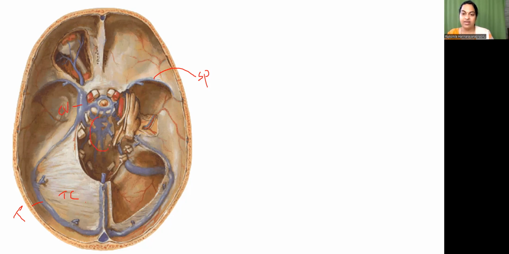And இங்க இருக்கிறது, right over the median plane, over the clivus, in the part where the pons is going to rest, that's the basilar venous plexus. The cavernous sinuses of both sides are connected by the intercavernous sinus, anterior and posterior intercavernous sinus. இது petrous part of the temporal bone. இதோட upper border occupy பண்ணிருக்கிறது superior petrosal sinus and கீழ இருக்கிறது inferior petrosal sinus.